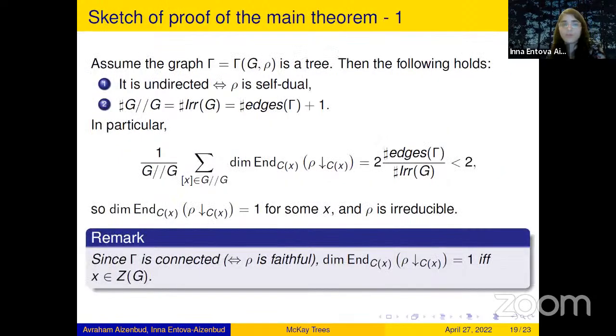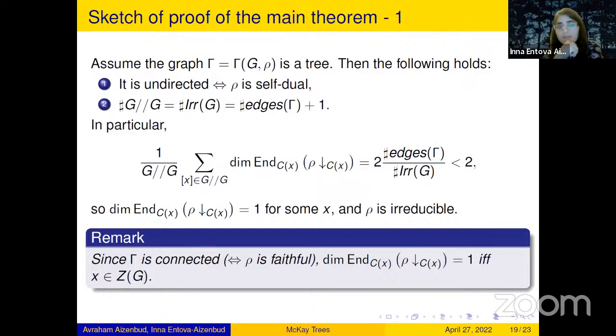So here is a sketch of proof. If we consider the number of edges in our McKay graph, this is exactly the number of vertices minus 1. So this means that the ratio of edges to vertices is smaller than 1, and twice this ratio, which is exactly the average dimension of the endomorphism space of this restriction, is also smaller than 2.